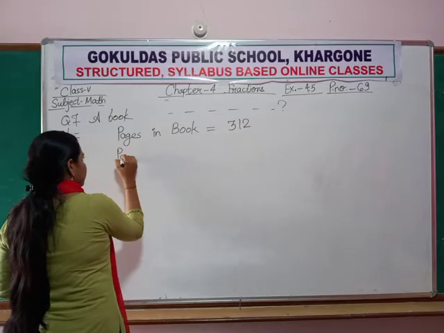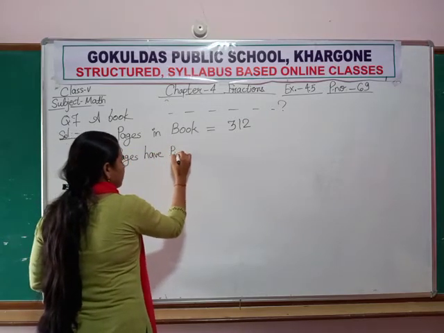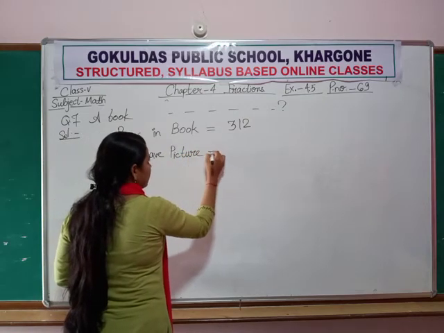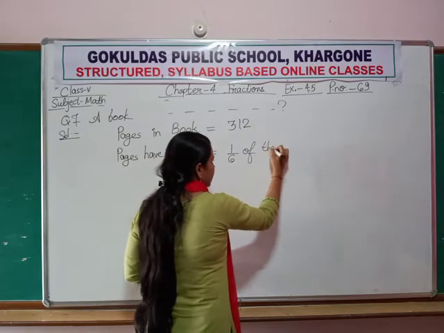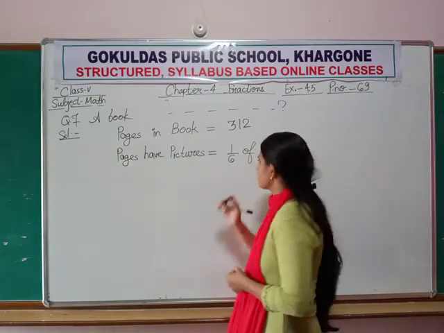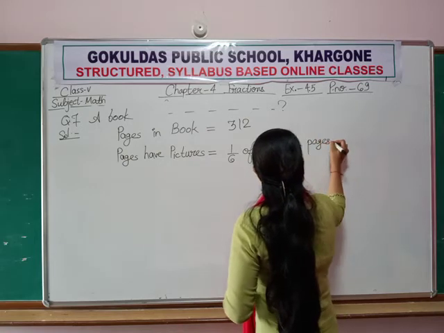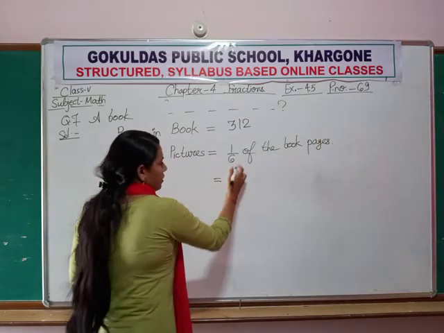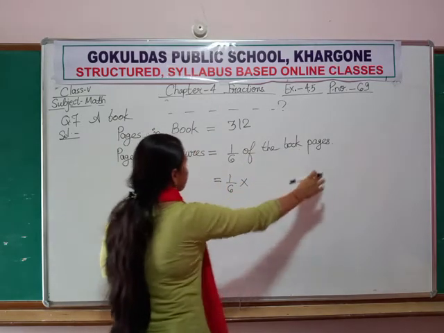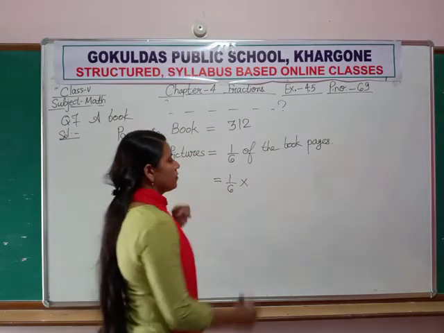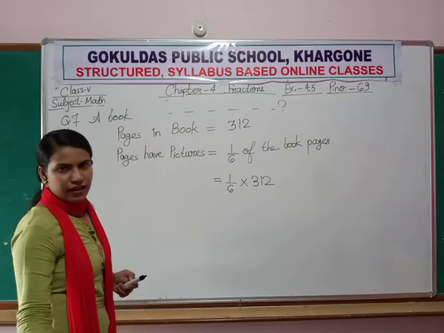Pages that have pictures is equal to 1/6 of the book pages. 1/6 of means multiply with the book pages, and book pages is 312.